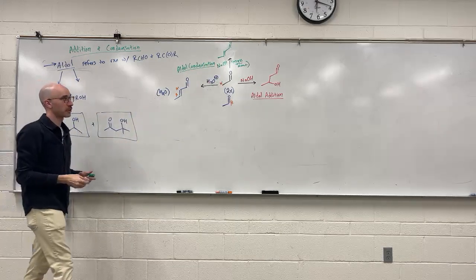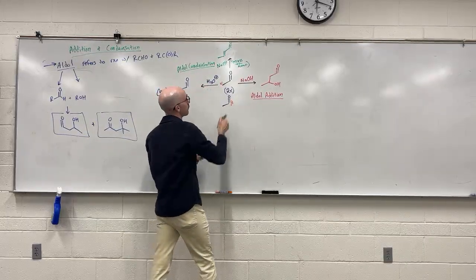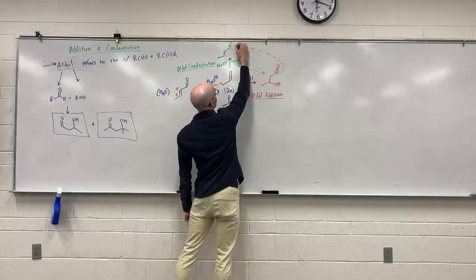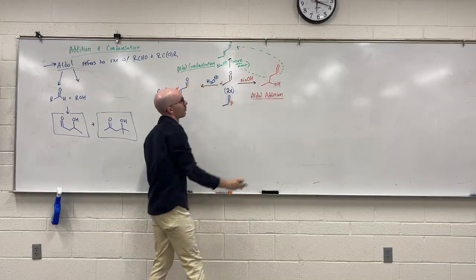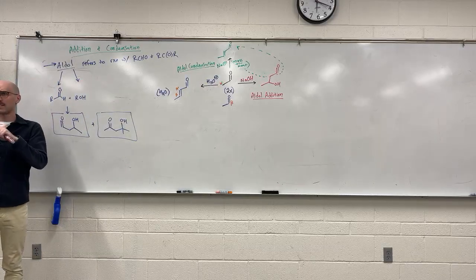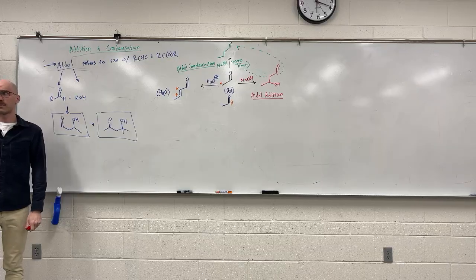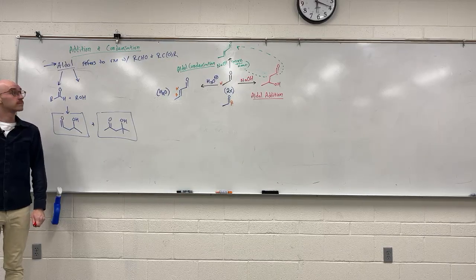And like I mentioned earlier, the addition product is formed on the way to the condensation product. It's kind of like how the hemiacetal is formed on the way to the acetal. Very much the same. So you say it's like an intermediate?